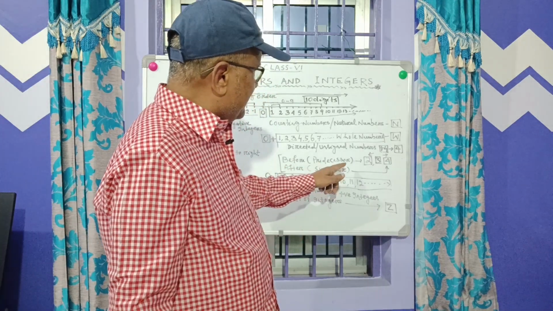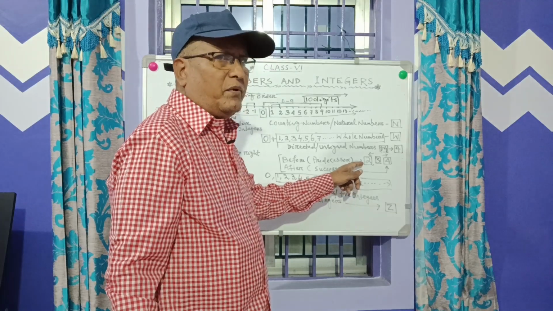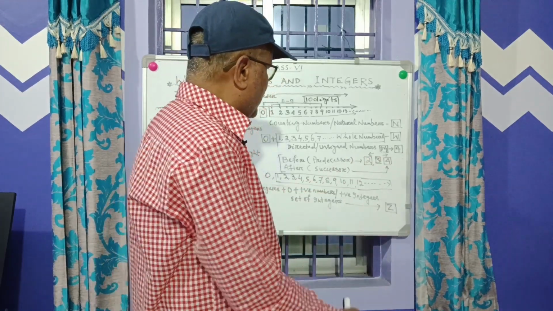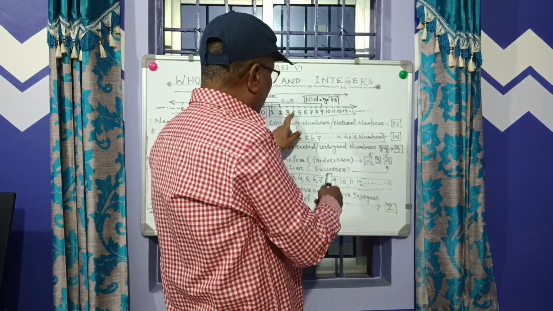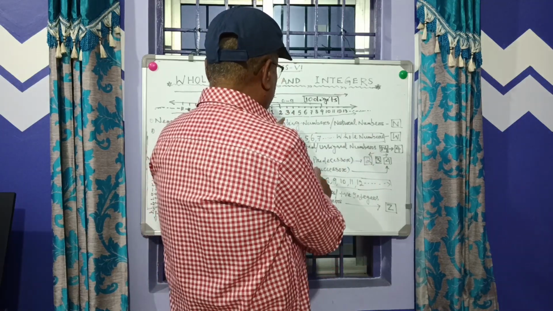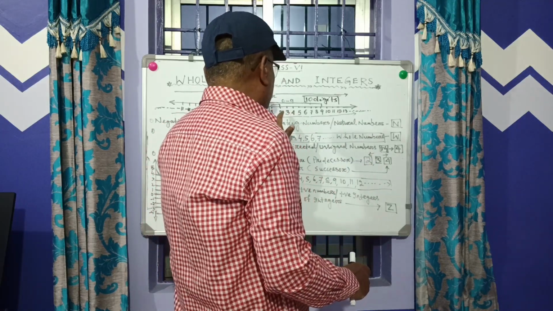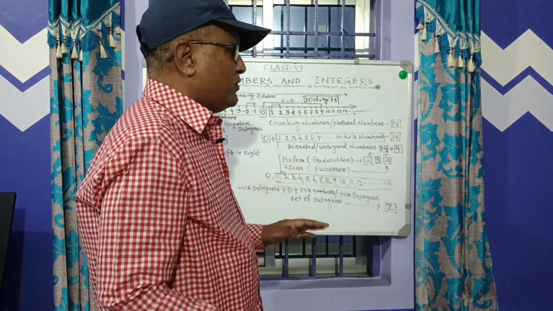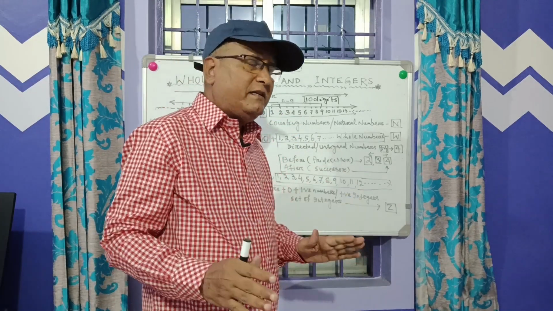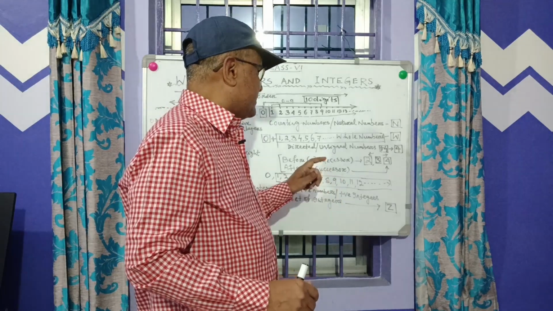We have taken an example for your better understanding. So you see 3. After 3 is 4, so this is called the successor of 3. And 2 is the predecessor, or before 3. So these terms are used in mathematics, predecessor and successor.